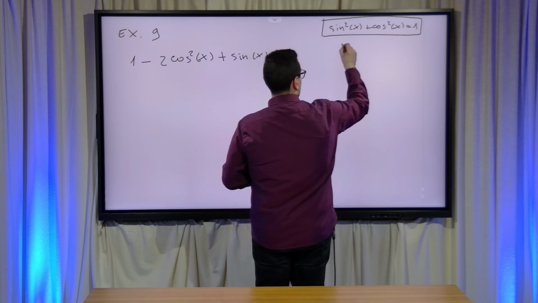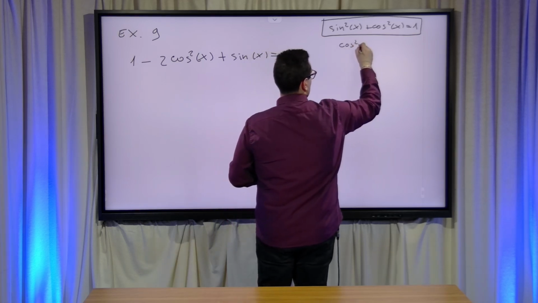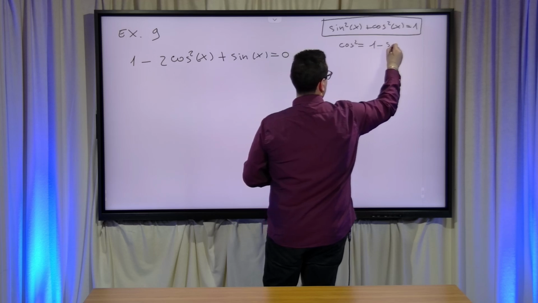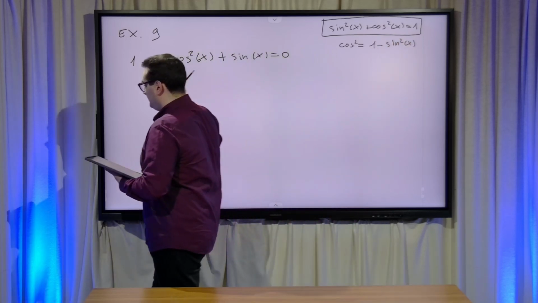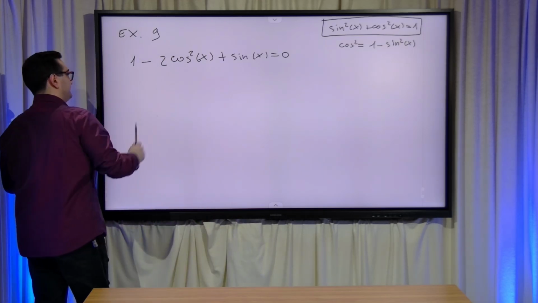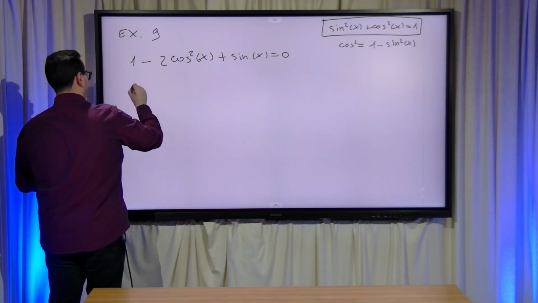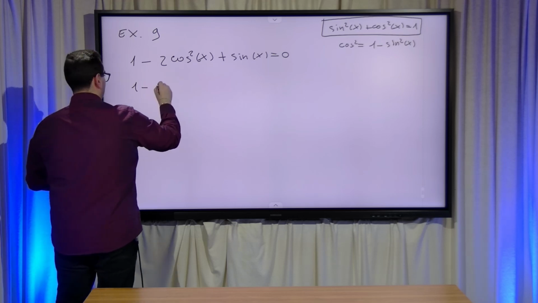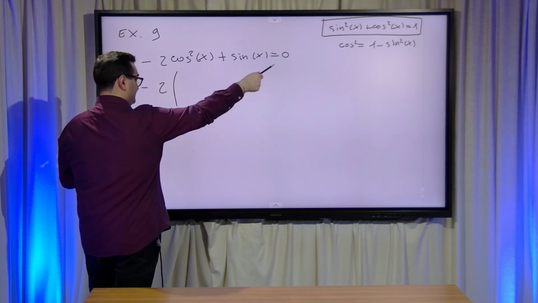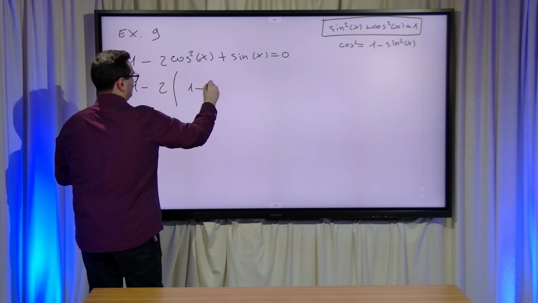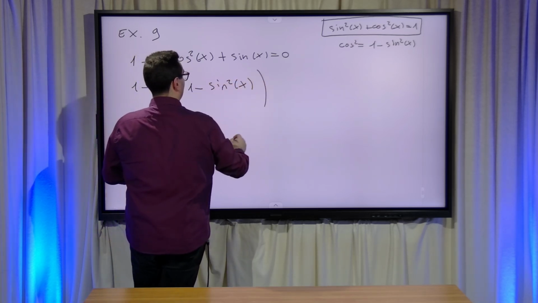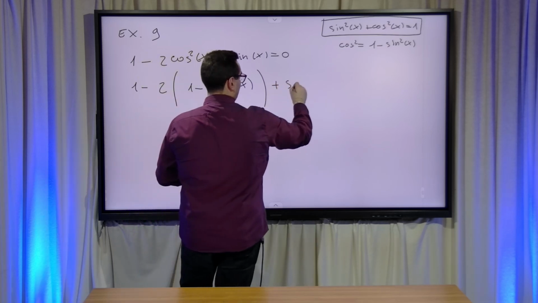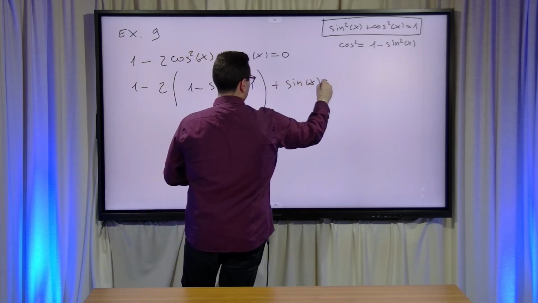So I can write the cosine squared as 1 minus sine squared of x. I can write that in the equation here. So 1 minus 2 times 1 minus sine squared of x plus sine of x is equal to 0.